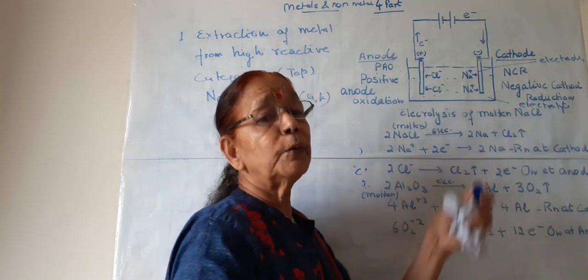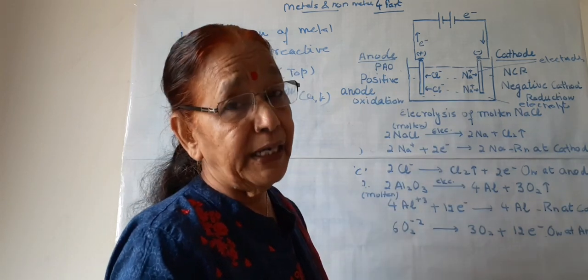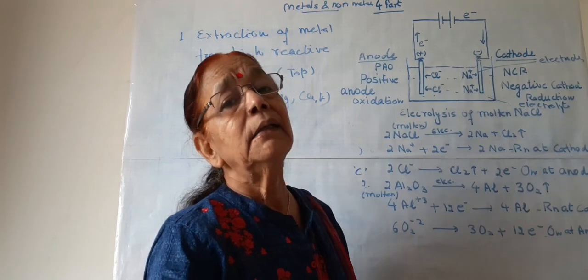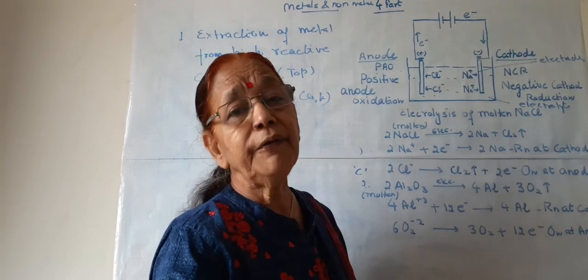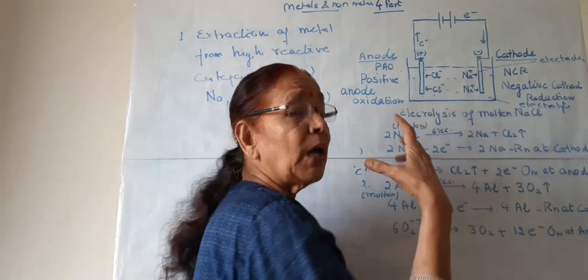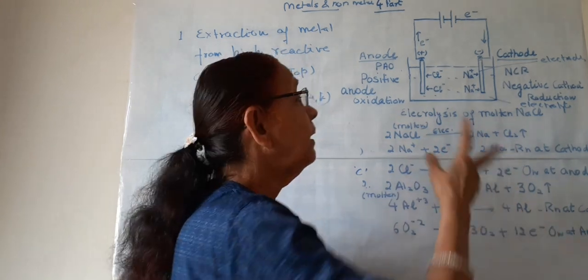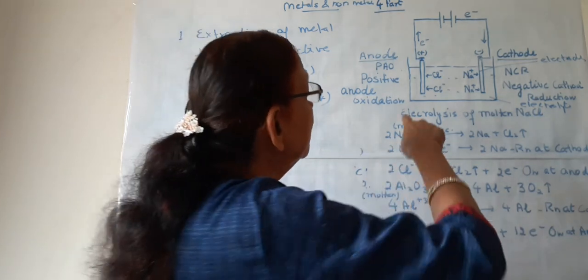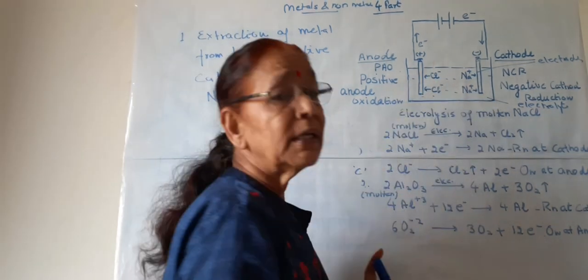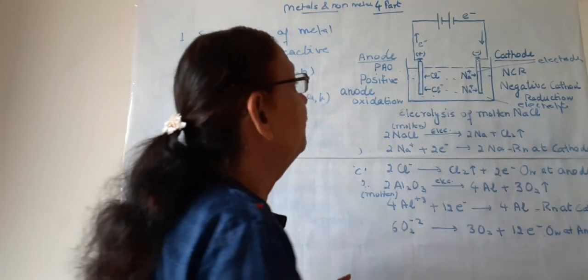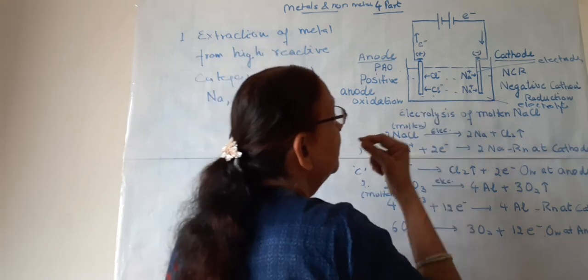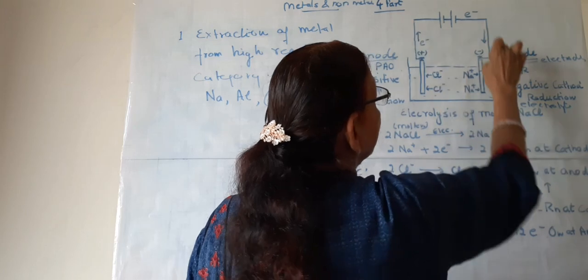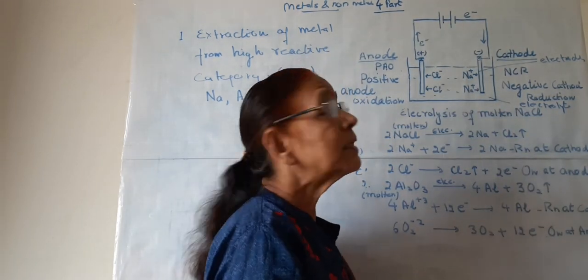And these electrodes are made up of graphite. Graphite is carbon and it is a conductor of electricity. So though carbon is a non-conductor, in the form of graphite, carbon is a conductor of electricity. Now they are put in this electrolytic cell and they are joined with the electric circuit.